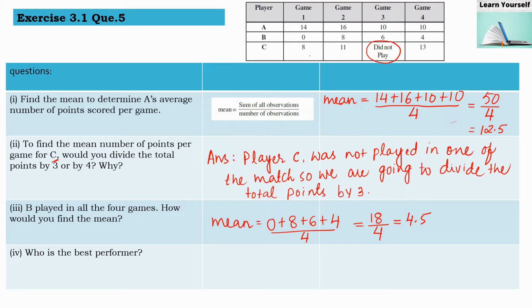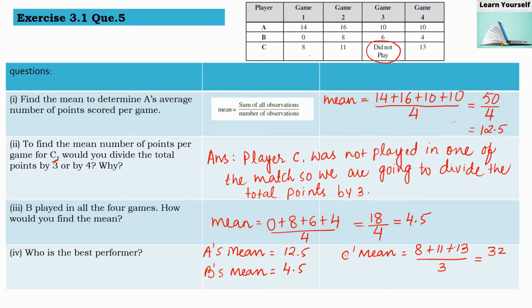We have player B's arithmetic mean, that is 4.5. Now let us find the arithmetic mean for player C. So here I am going to write A's mean. I am going to calculate C's mean, and that is going to be 8 plus 11 plus 13 divided by 3.